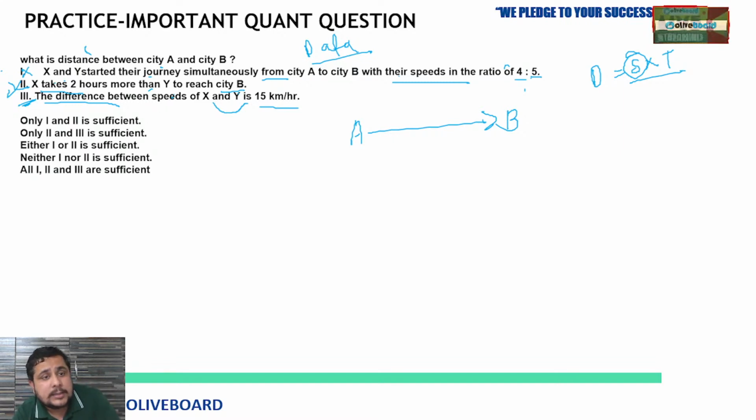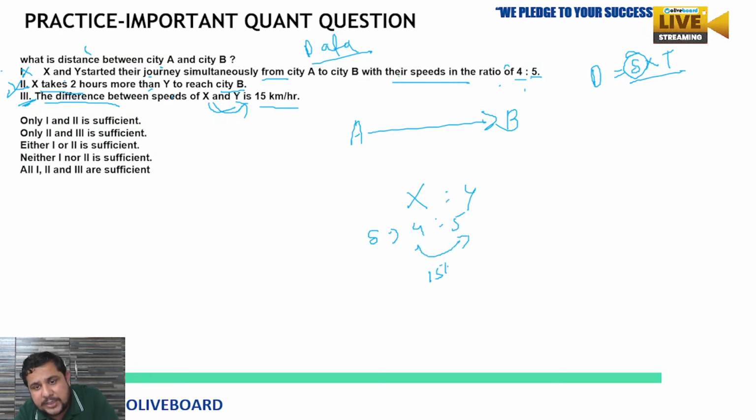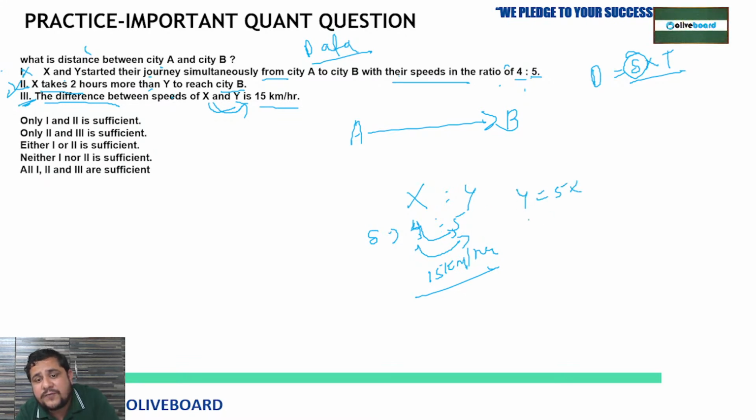Now see, in statement 1, the speed ratio is given, and in statement 3, the speed difference is given. Okay, so if X and Y's speed ratio is 4 is to 5 and the difference is 15 kilometers per hour, in a ratio you can easily say 4 to 5. So only one part difference is there. If I say the speed of Y is 5x, the speed of X is how much? 4x.